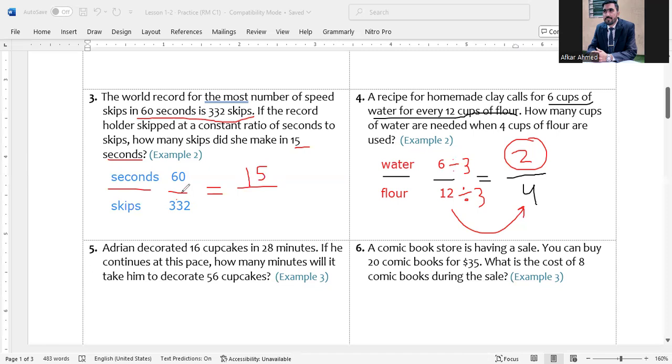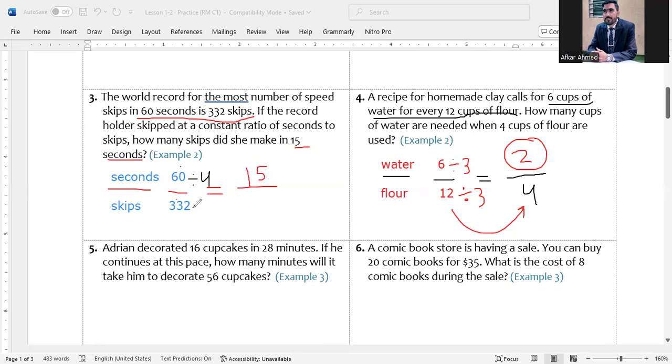So we will find the relation between 60 and 15. Look again, we can't multiply here. This question is related to backward scale. You want to convert from bigger number to smaller, from 60 to 15. If I divide 60 by 2, it will give me 30, not possible. If I divide 60 by 3, it will give me 20, which is not possible. If I divide 60 by 4, it will give me 15.